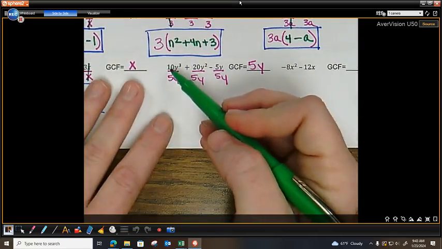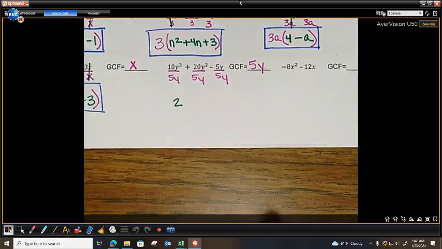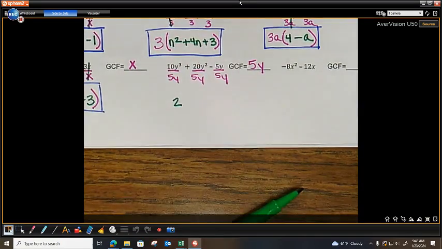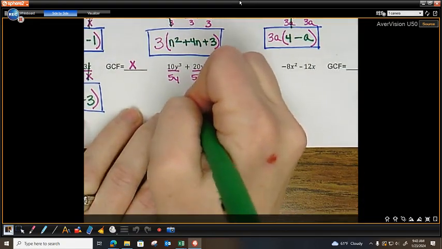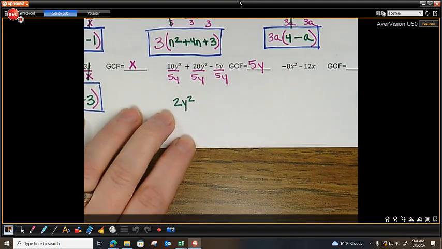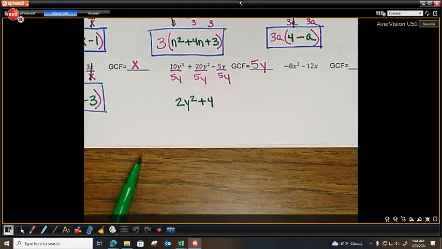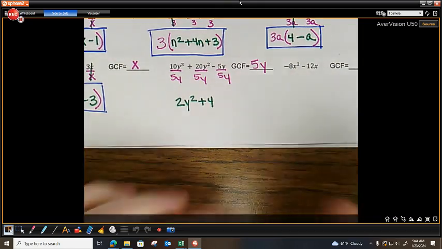So do your numbers first. What's 10 divided by 5? If I have a y cubed on top and a y on bottom, cancel out a pair, and I'm left with y squared. Then I have 20 divided by 5 is, and it's a positive, so plus 4. And then you have y squared on top, y on bottom, cancel a pair, and you're left with y on top.